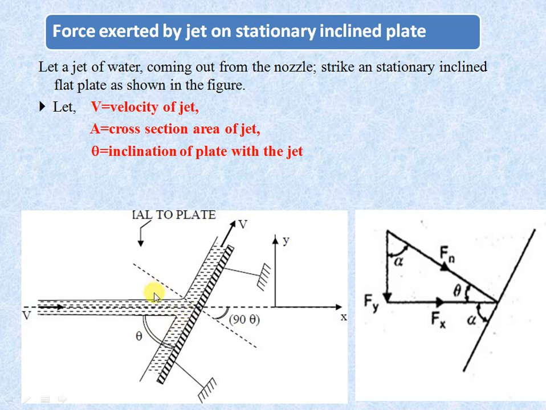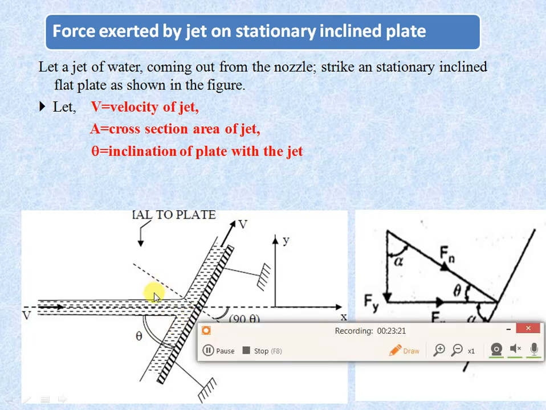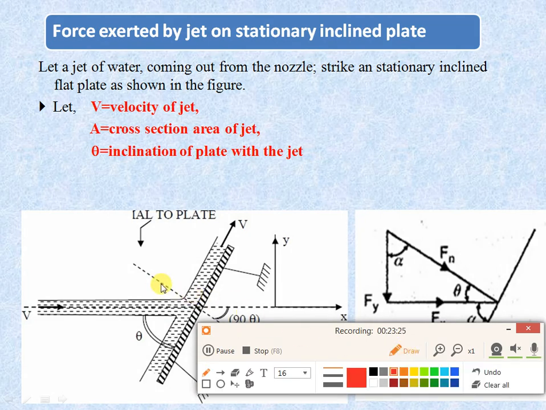Now here you can see that this theta angle is the angle made by the jet with the plate. So this is the perpendicular, and this angle is nothing but 90 minus theta. So this is theta angle and this is 90 minus theta angle.